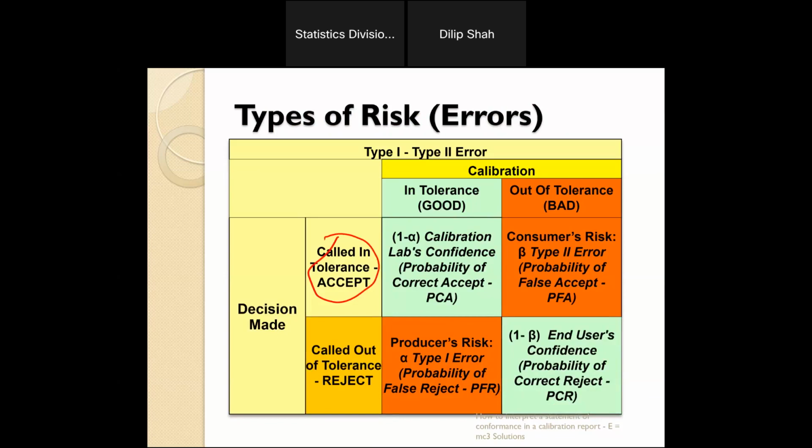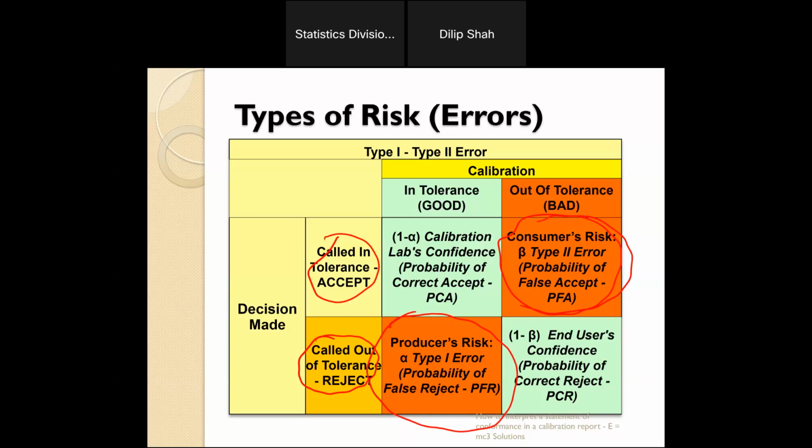But if I called it in tolerance and indeed it was out of tolerance, then this is the type 2 or beta error, or the consumer's risk. And if I call something out of tolerance when I calibrate it, and I made the wrong call, it was in calibration, then I'm trying to figure out what's wrong, and there's nothing wrong. That is the producer's risk, or alpha, or type 1 error. So that is putting it in the context of calibration or measurement.